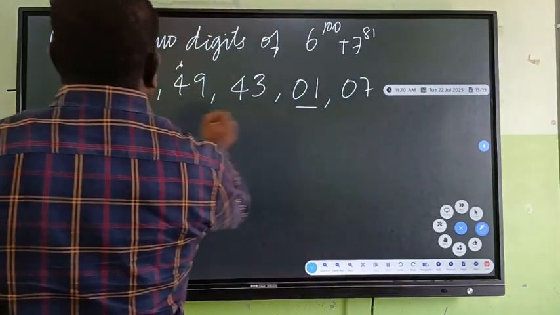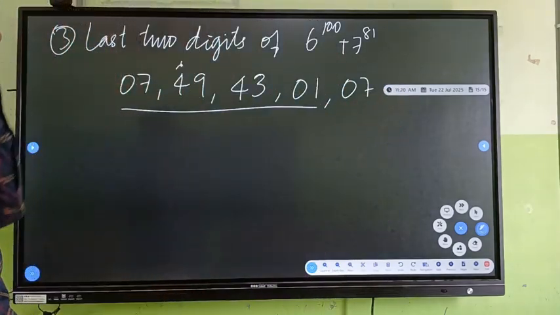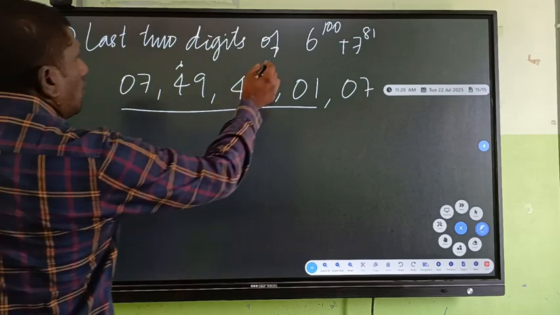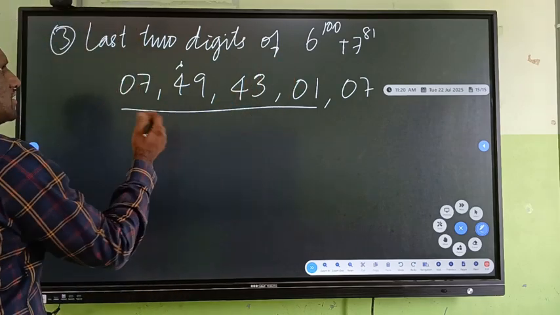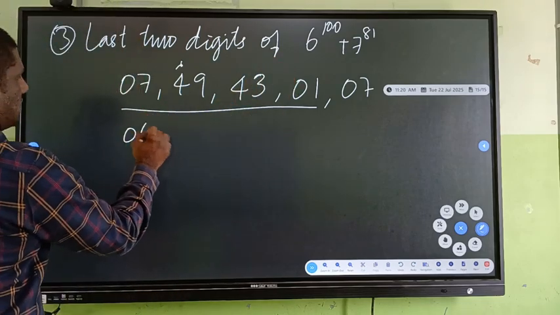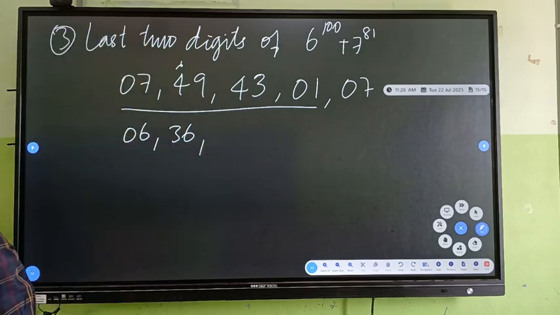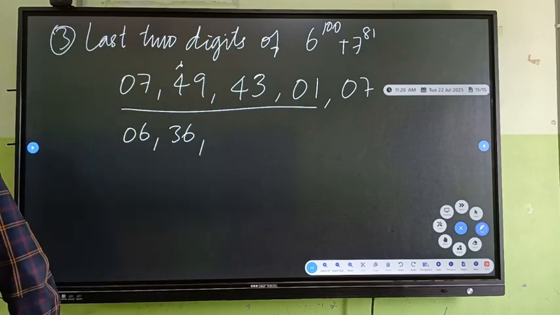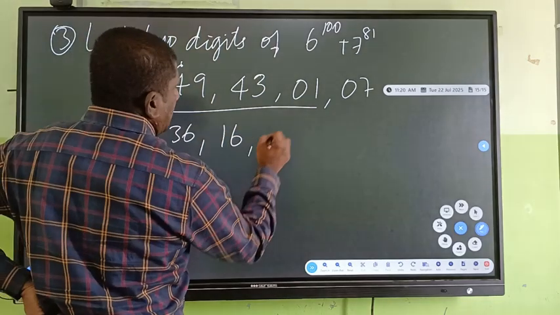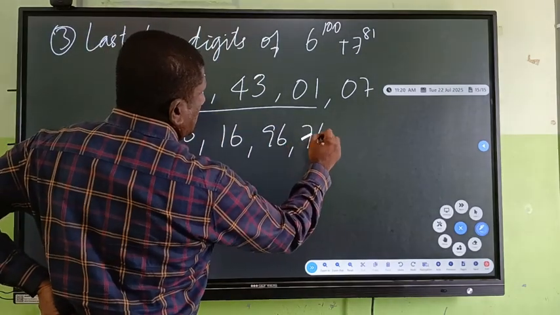So the cyclicity of the last two digits is 4. Similarly, we know about 6, right? Always the last two digits will be 06, 36, 16, 96, 76, and so on.